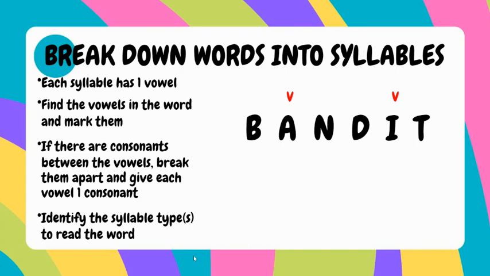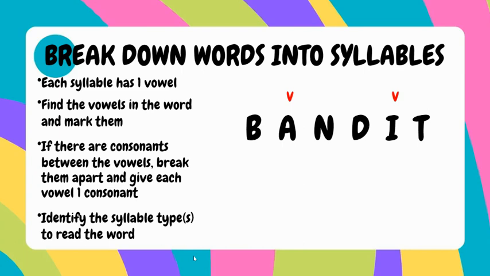We know if there's a consonant between the vowels, then we break them apart and give each vowel a consonant. So we want to give the A the consonant of the letter N, and we want to split them up. And then we want to give the letter I its own consonants as well.